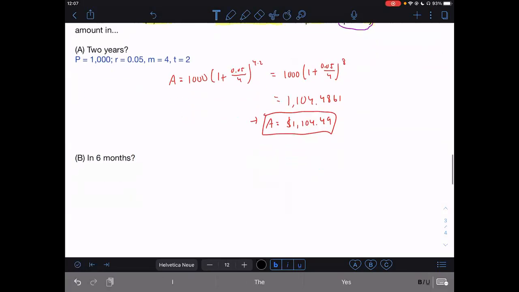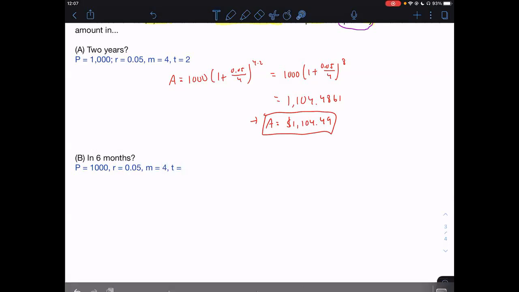Again, our values are almost the same. P is still 1,000. Our interest rate is still 0.05. M is still 4. But what is T going to be for part B?